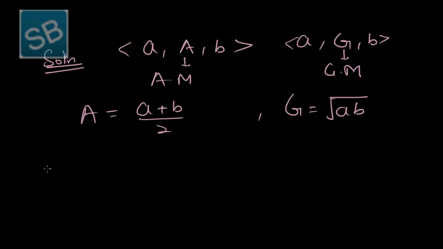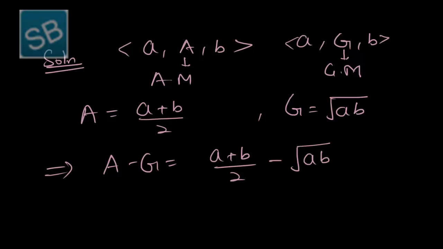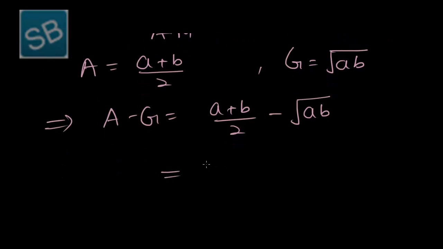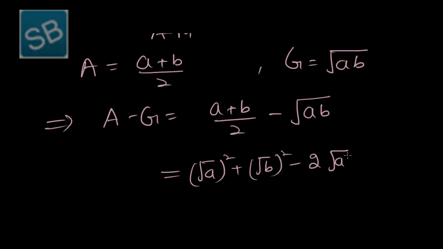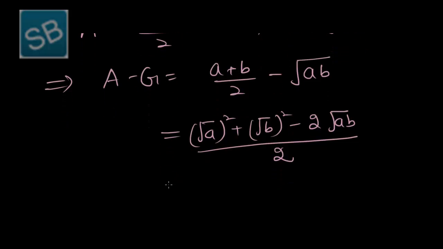So we will take the difference, that is A minus G. That gives A plus B over 2 minus G, that is under root AB. So that gives under root A whole square plus under root B whole square minus 2 under root AB over 2 by taking LCM. So we get half of under root A minus under root B whole square.